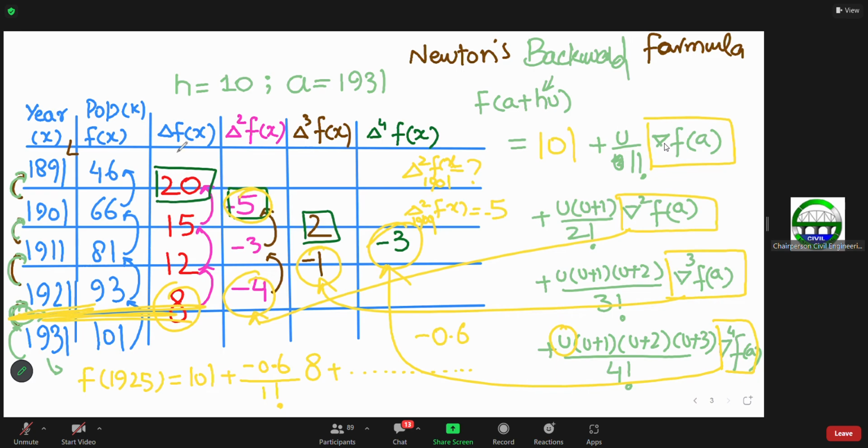Okay, so this value, if you want to write, let me change the formula. For example, this one will be del 1891 and to f of x.